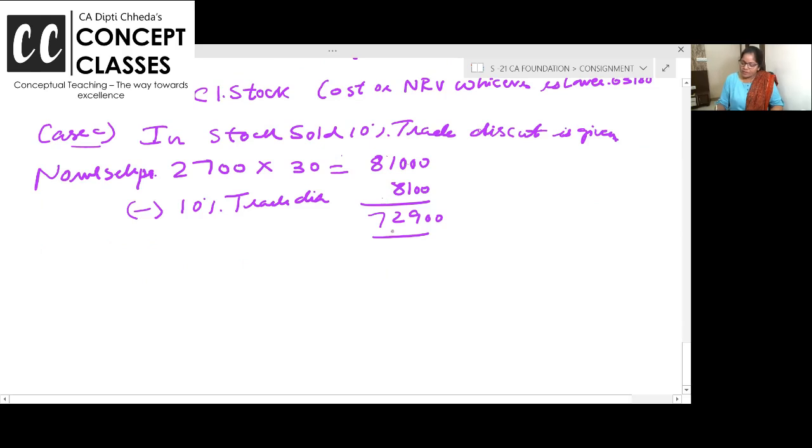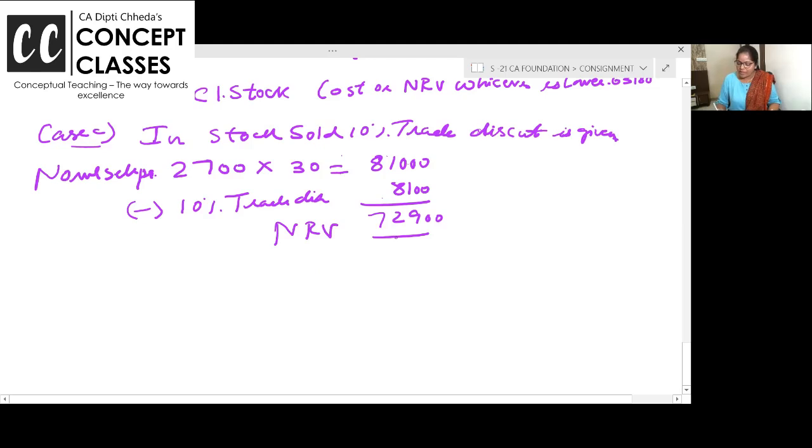81,000 minus 8,100. So what is the NRV you can say? NRV 72,900. NRV selling price के नीचे से लेना है आपको. You're going to sell in this and trade discount you are going to give.